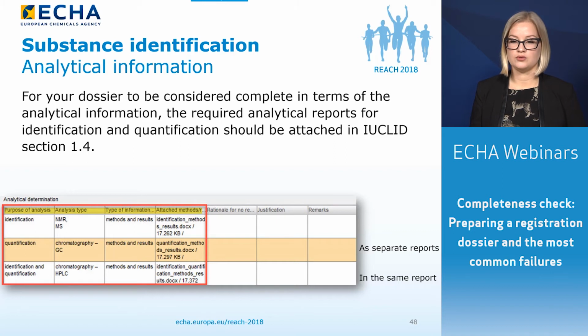You should fill in the rows as shown here in the example. That is, when you report analytical information, the first 4 fields should be filled in. Also note that the required analytical reports can be inserted as separate entries or as one entry, as shown here in the example.